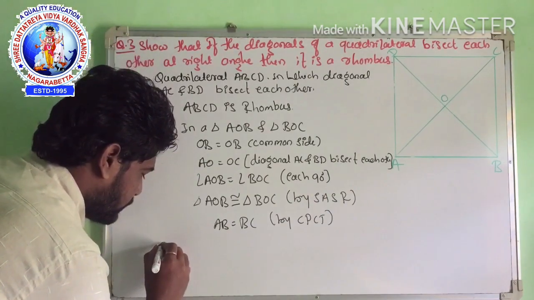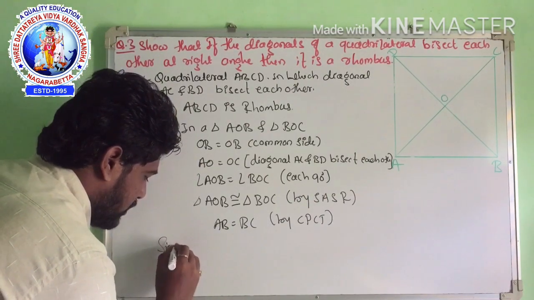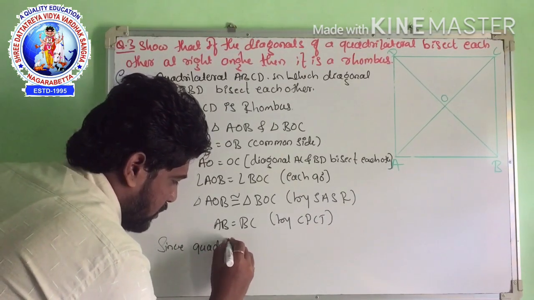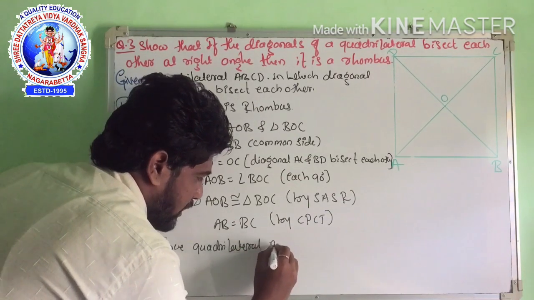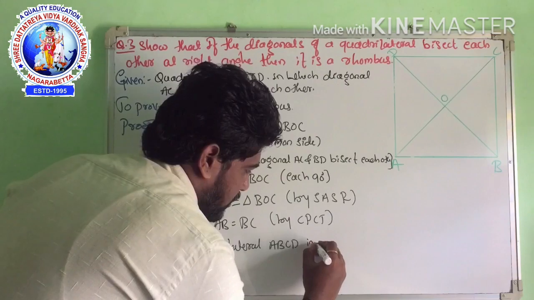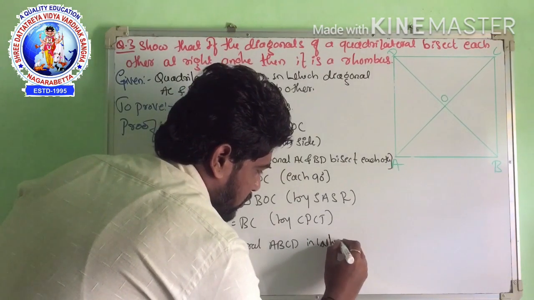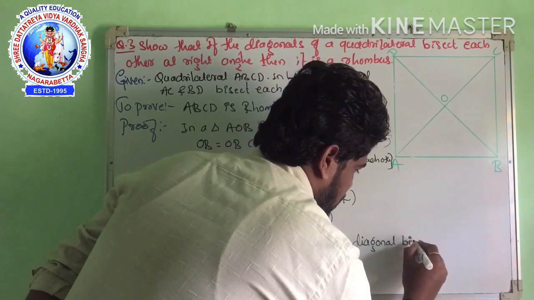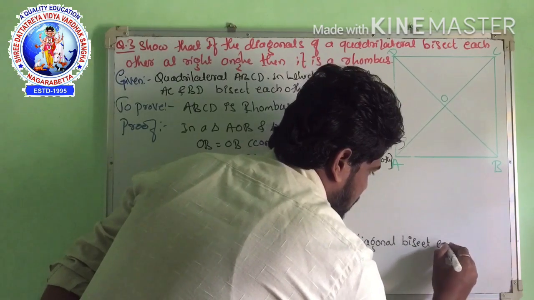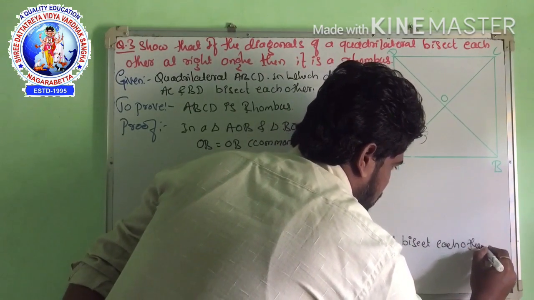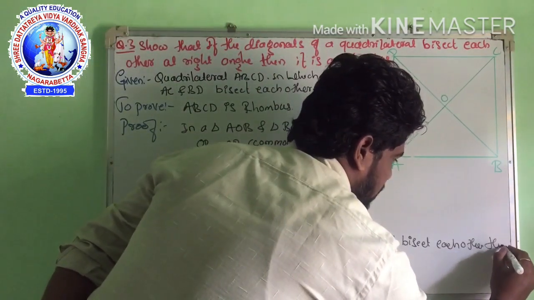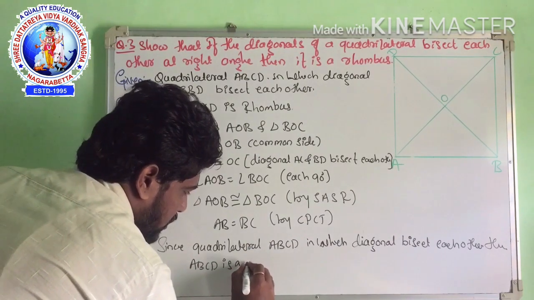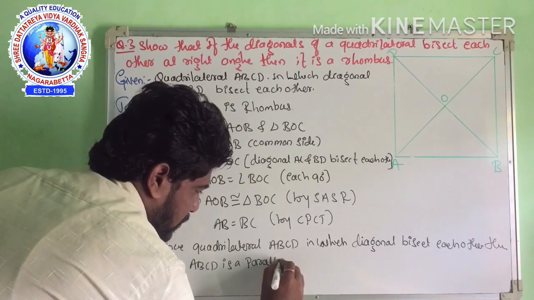So write down here. Since quadrilateral ABCD in which diagonals bisect each other, then ABCD is a parallelogram.